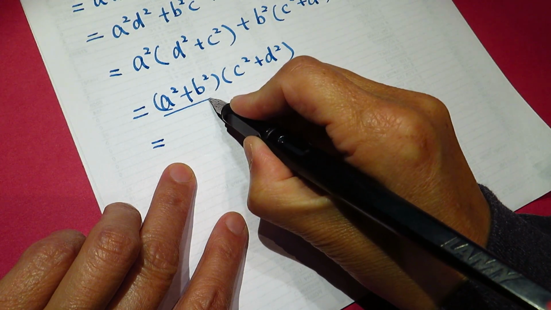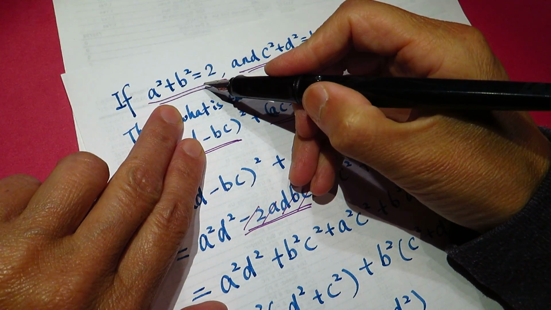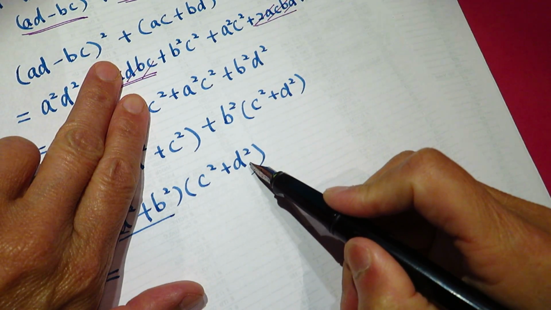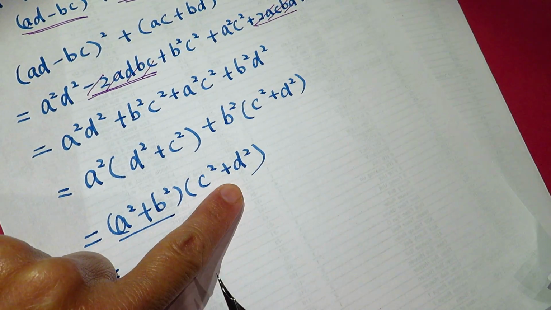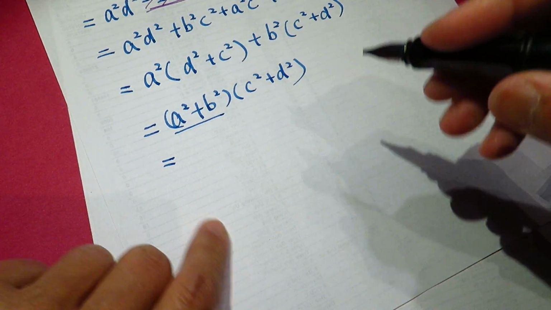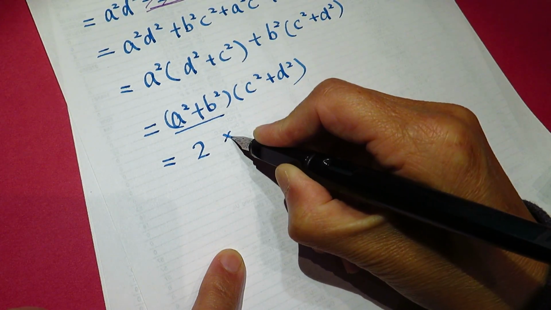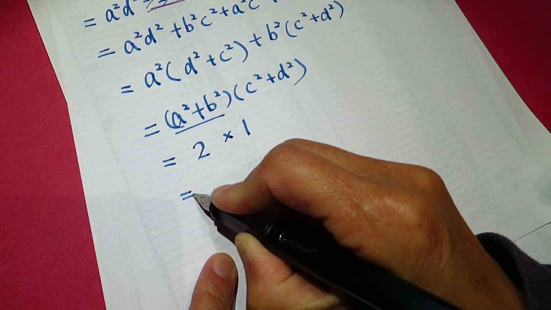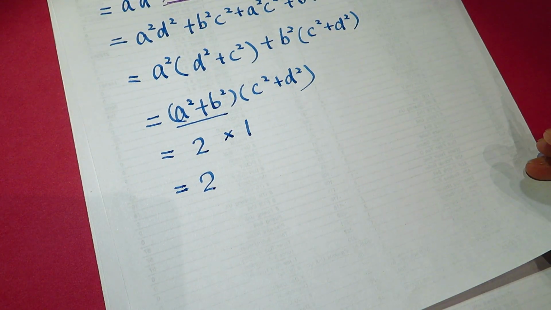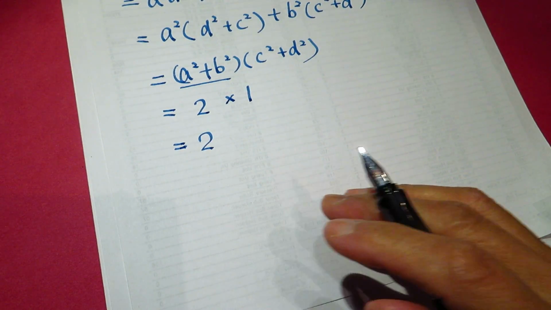So a squared plus b squared is given as 2. c squared plus d squared is given as 1. So we plug the numbers in: 2 times 1 equals 2. And that is it. So the result is 2.